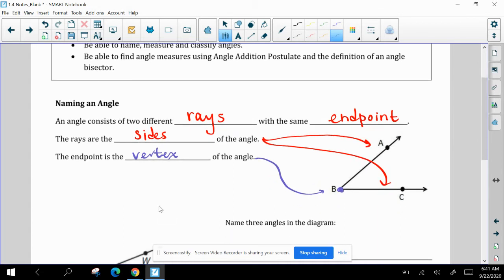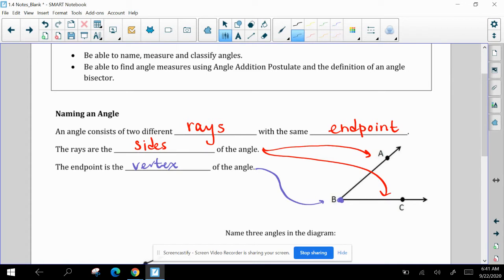How can we name an angle? First I'm going to name the angle we have in this picture. When you name an angle, we usually use three letters, which guides somebody as to how the angle is formed. For this angle, I'm going to start with C first. So I would say angle CBA. This little symbol is the geometric symbol for an angle.